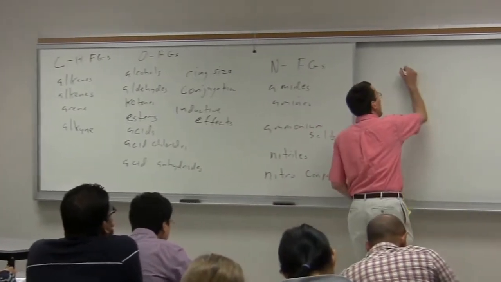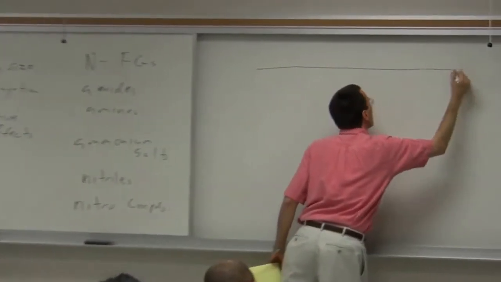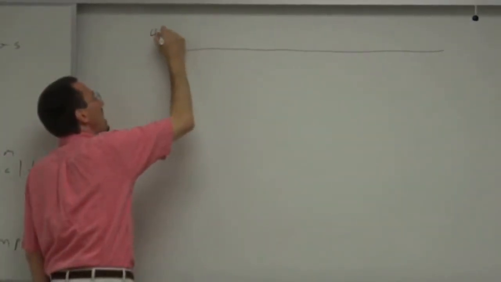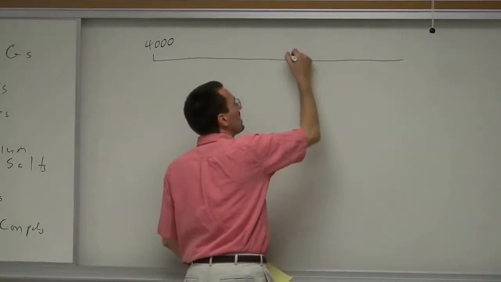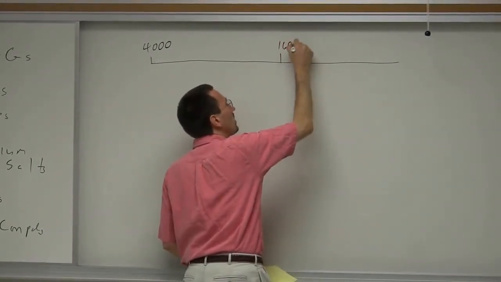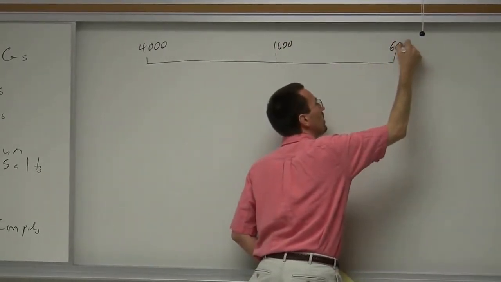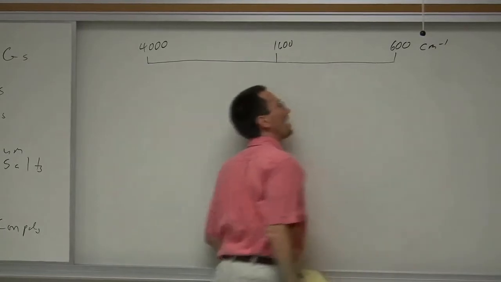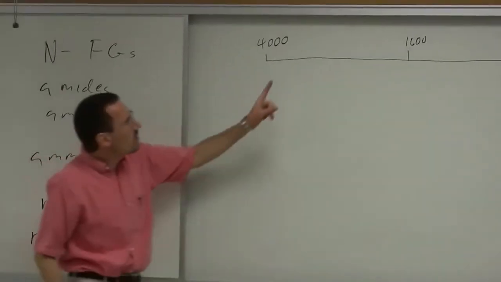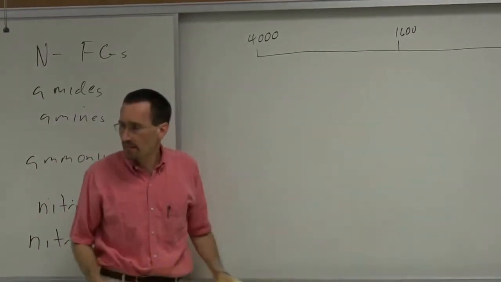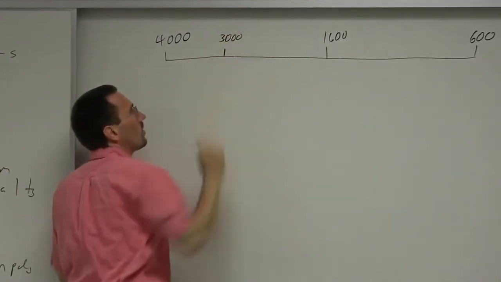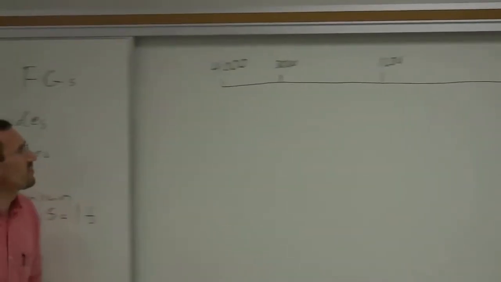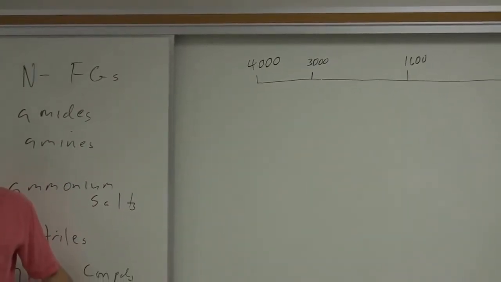So when I look at an IR spectrum, generally in my mind's eye, I think from about 4,000 to about 600, and of course these are wave numbers in centimeters to the -1, reciprocal centimeters. And probably also in my mind's eye, I end up drawing a line at 3,000 wave numbers. And I think this really ends up dividing the spectrum into some important features.